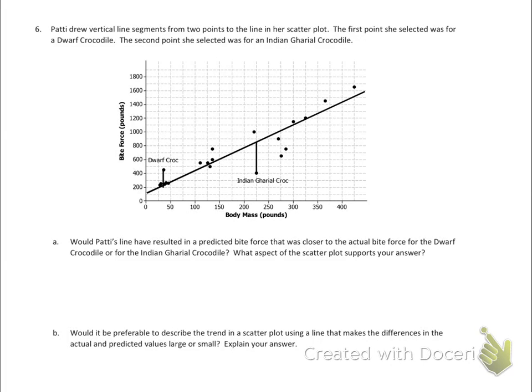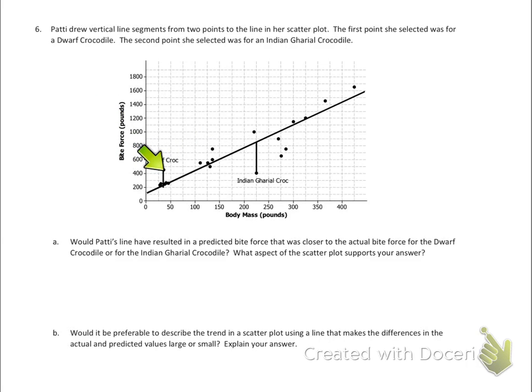Now let's look at exercise 6. Patty drew vertical line segments from 2 points to the line in her scatter plot. The first point she selected was for the dwarf crocodile. The second point she selected was for the Indian gharial crocodile. I'm not sure how to say that, but you can see that on here.